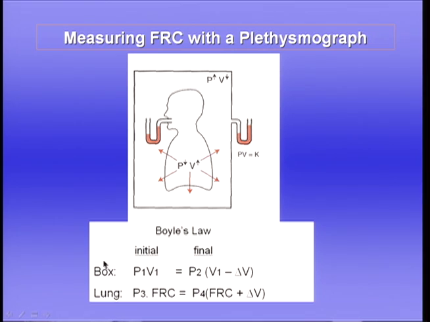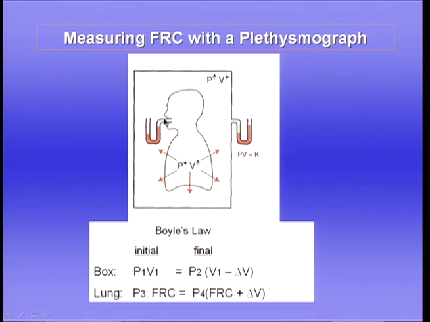And so what we say for the box in this initial measurement, when the subject makes an inspiratory effort, is the initial pressure and volume, P1 V1, is equal to P2, which is the pressure after he made the inspiratory maneuver, times V1 minus delta V, the original volume, which has been reduced by the volume that the lung changed, the delta V. And from that, we, of course, can derive delta V.